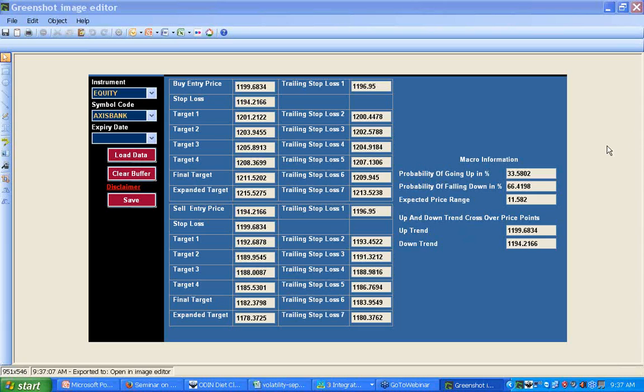Here the probability of falling down is 66%, and the probability of going up is 33%. If it gives a breakout, then we can think of selling this Axis Bank also.